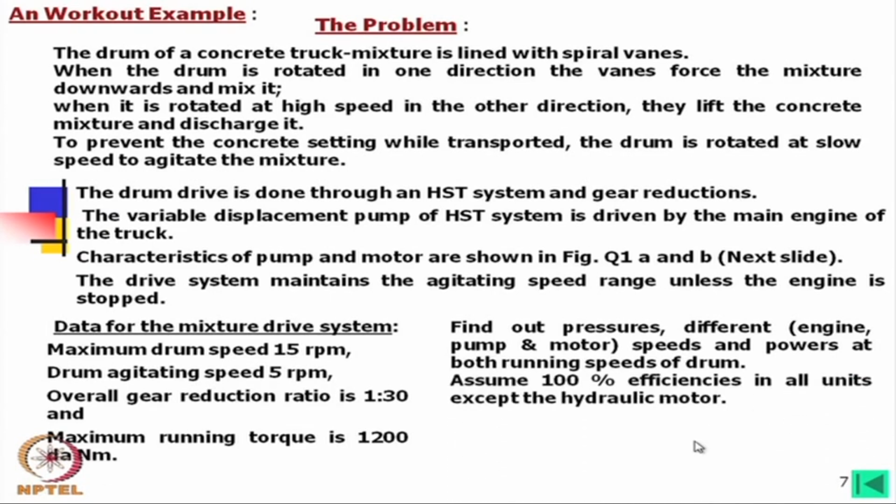Assume 100% efficiencies in all units except the hydraulic motor. Now, every rotating unit, or even ordinary unit, has its own efficiency. For example, this motor cannot run at 100% efficiency. That means there will be losses.